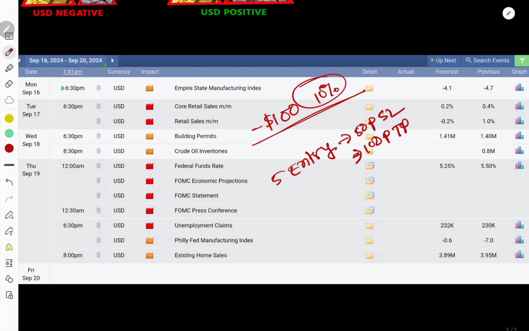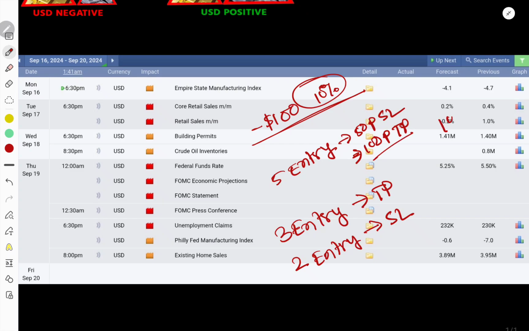Your 3 entries hit TP and 2 entries hit SL. The risk reward ratio is 1:2.